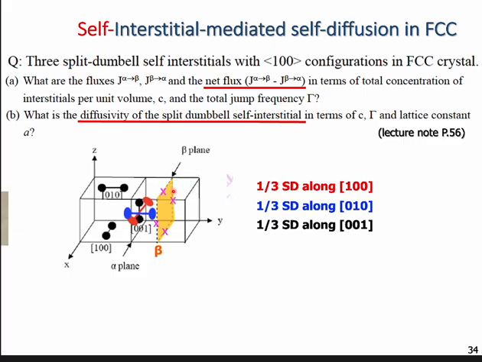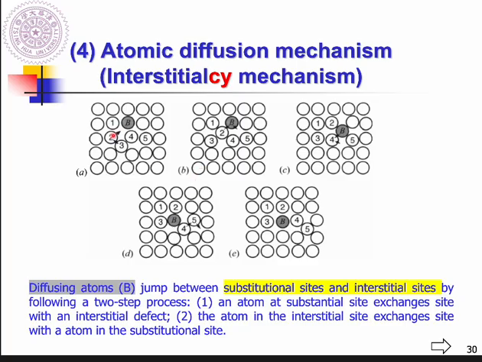But here all the sites should be lattice points. So it will be the face center of the inner plane, the face center of the outer plane, and the face center of the bottom plane, because the host atom jumps to a substitutional site. The case we just learned, right? Interstitial and jump to substitutional, also the lattice point.